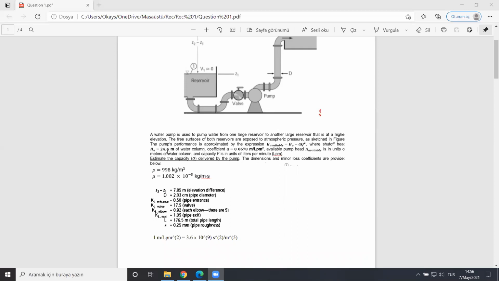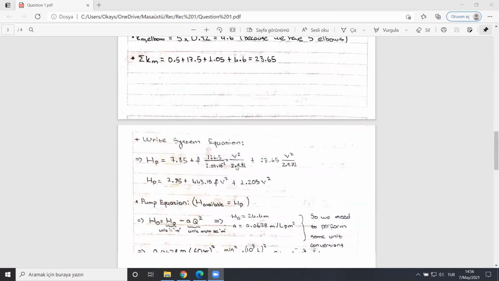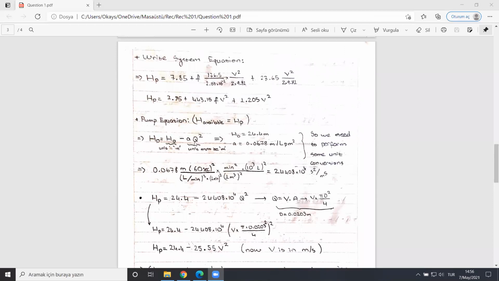It was 24.4 meters. And what was A? A was this much, something like this. And now I will show you this unit conversion here. So I wrote this pump head equation given by the question, H0 and A.